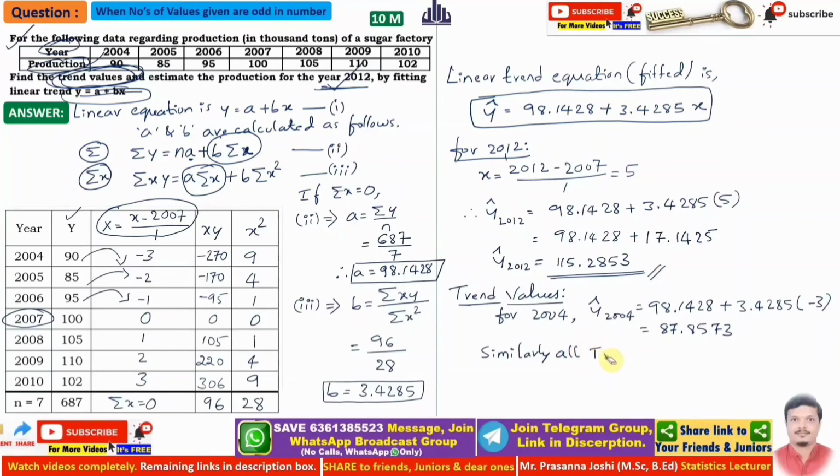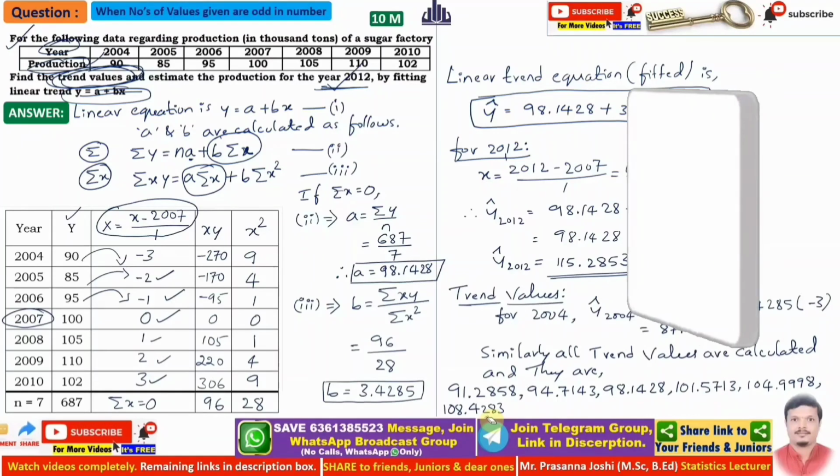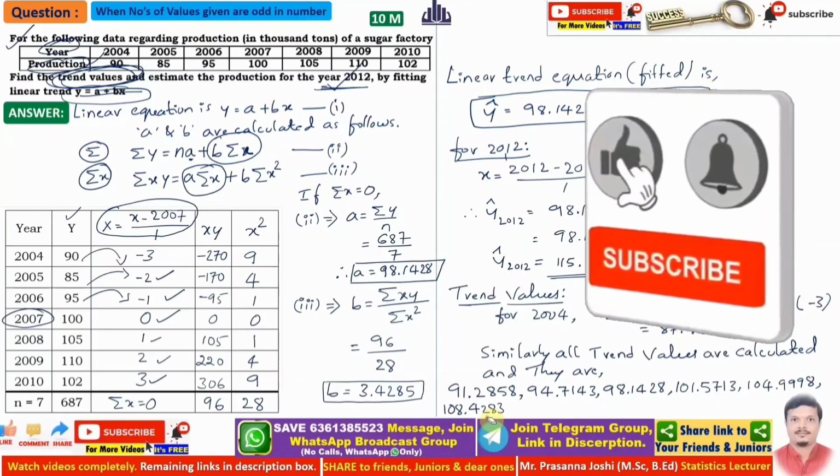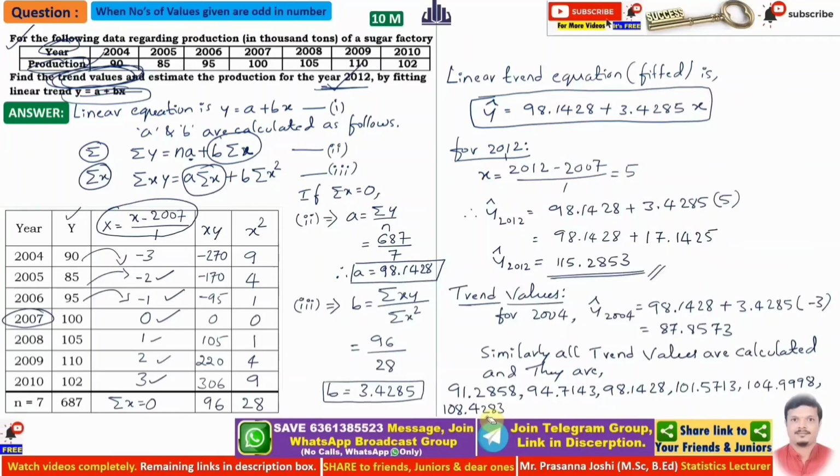All trend values are calculated. So if you calculate this much, certainly you're going to get 10 marks without fail. Hope you have understood, students.